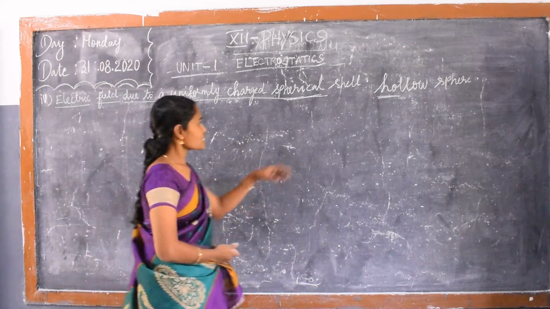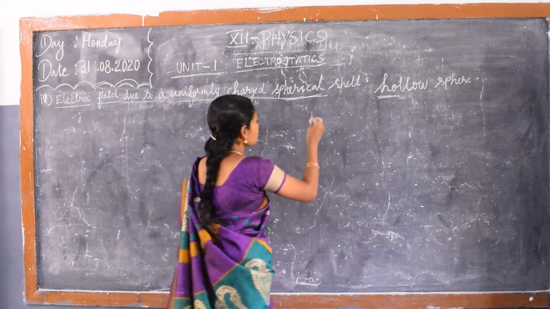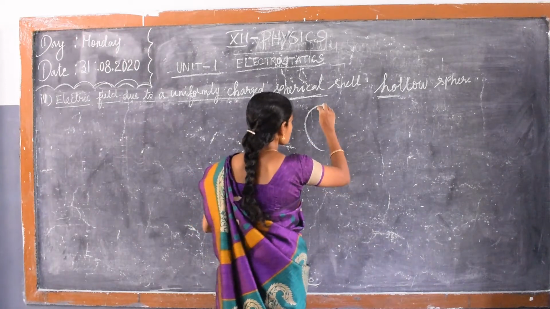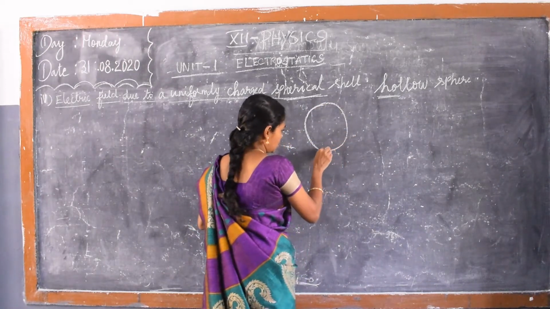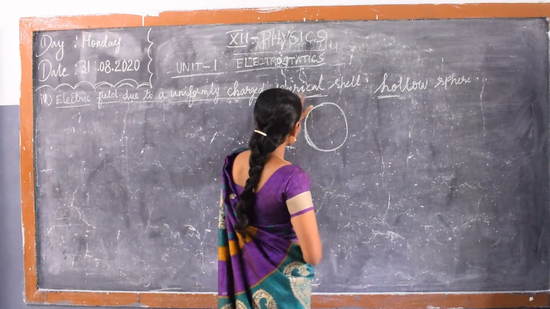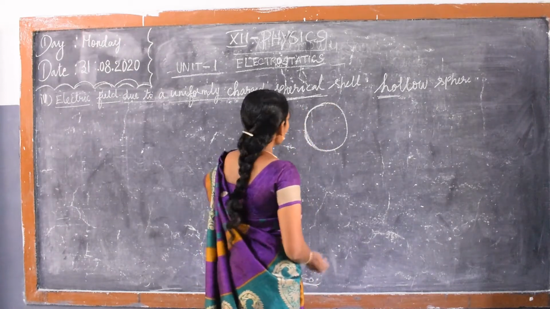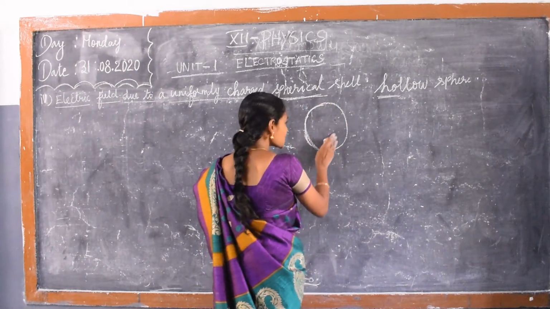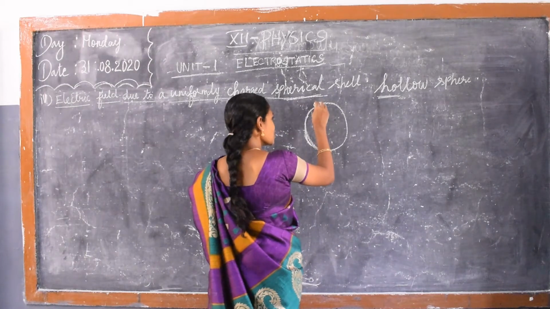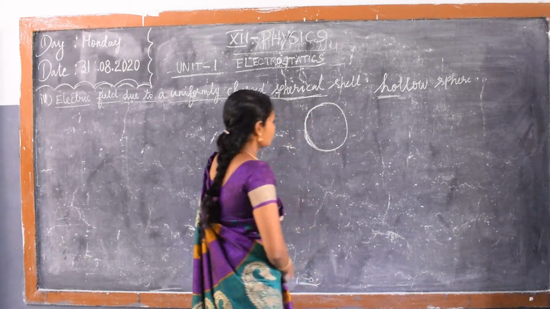In this spherical shell, we cannot place charges inside. It is a hollow sphere, so inside is empty. Why? Because there is no matter inside. So the charges are distributed only on the surface of the sphere.